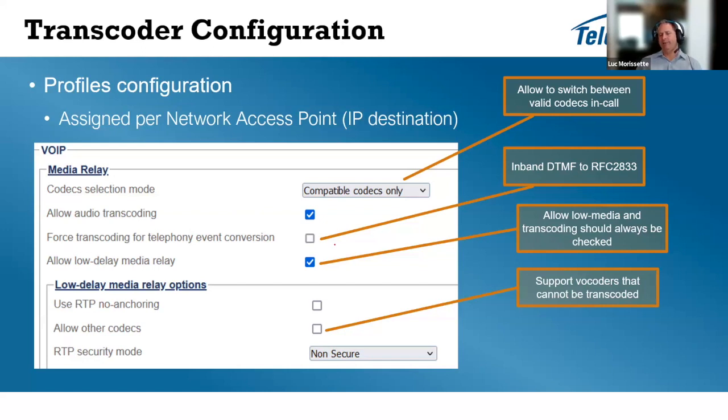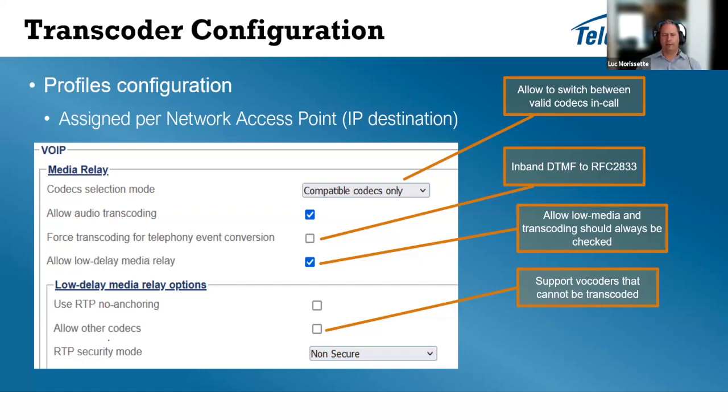Here, by default, the ProSBC will automatically choose if you want to go from in-band to RFC 2833, but here it's possible to force it. If you select this, you would always force the transcoding to go from in-band to RFC 2833. Remember, this is configured per IP destination, right? So one IP destination could be forced to in-band, and it may not be true for another destination.